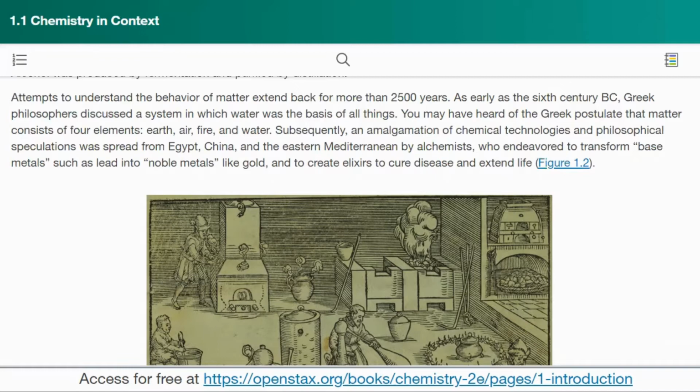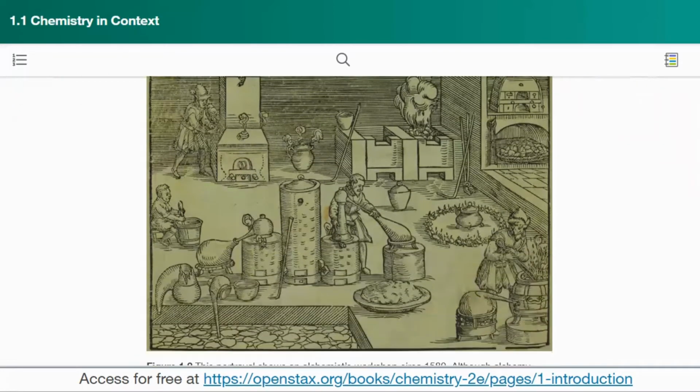Subsequently, an amalgamation of chemical technologies and philosophical speculations was spread from Egypt, China, and the Eastern Mediterranean by alchemists who endeavored to transform so-called base metals such as lead into so-called noble metals like gold, and to create elixirs to cure disease and extend life. And it references figure 1.2.